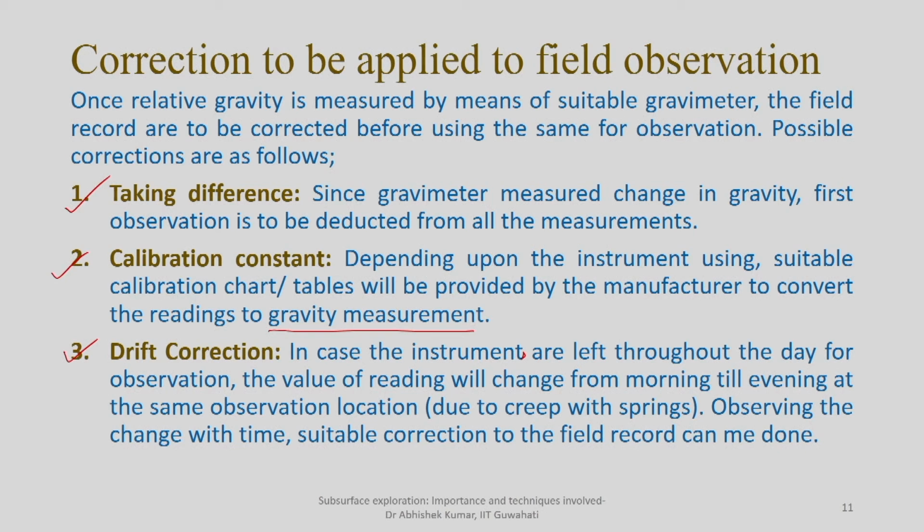If the change in temperature is significant, it is going to affect the creep or the extension in the spring, and then it will have a direct effect on the measured gravity value. So, drift correction is applied to take into account the change in the stiffness of the spring because of the change in temperature throughout the day. This is called drift correction.